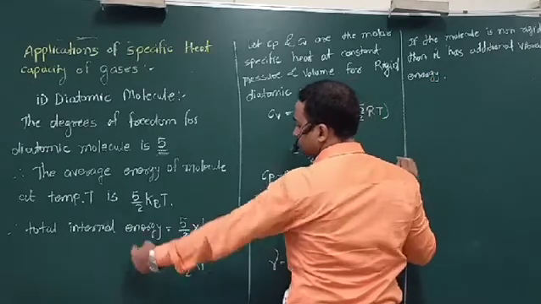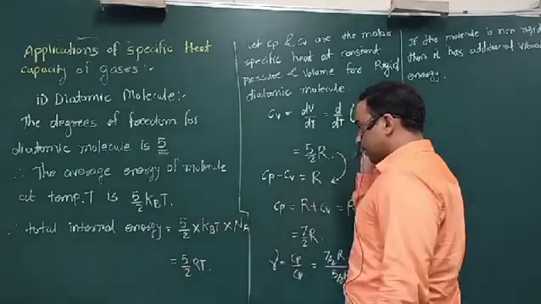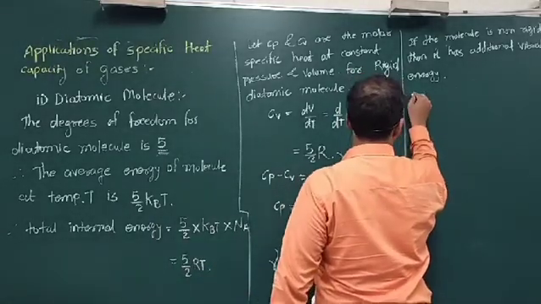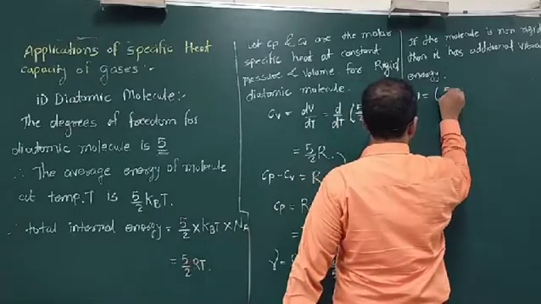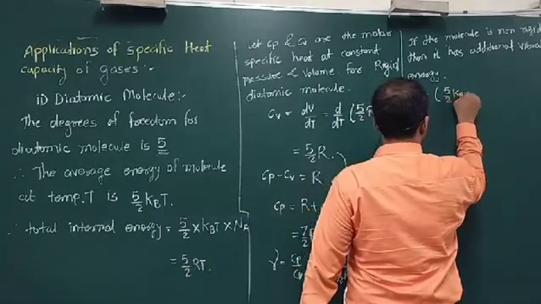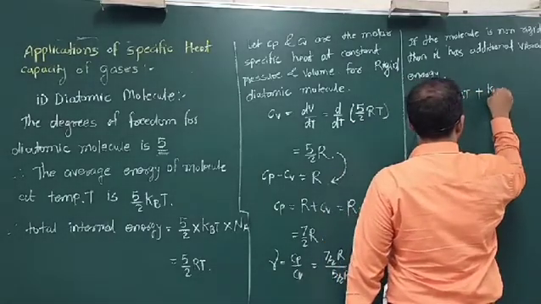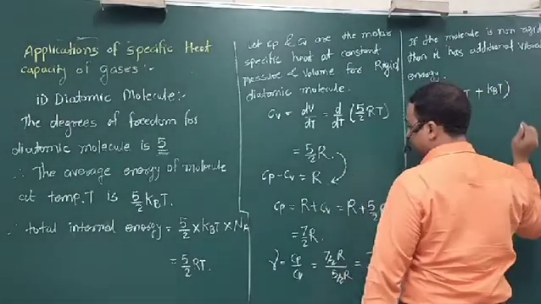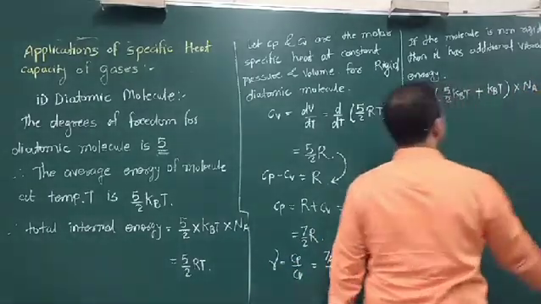Okay, so total internal energy, that means U, is equal to 5 by 2 kBT plus kBT, into NA.